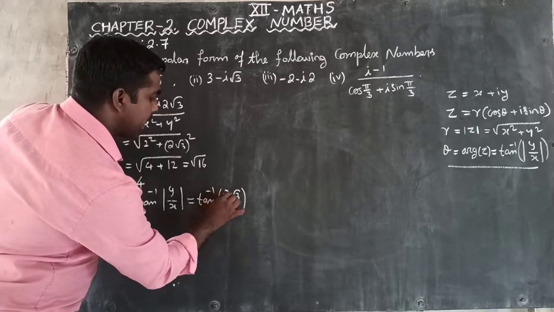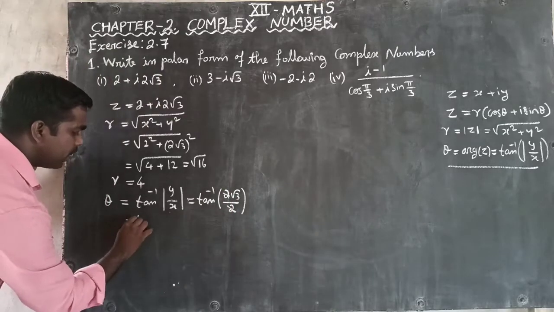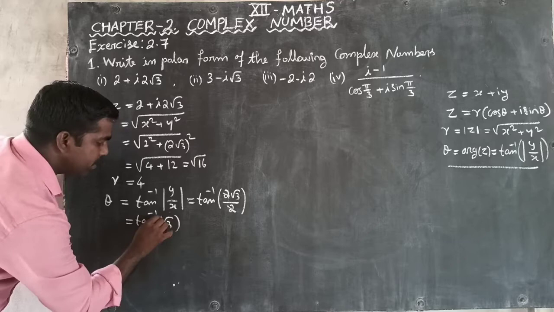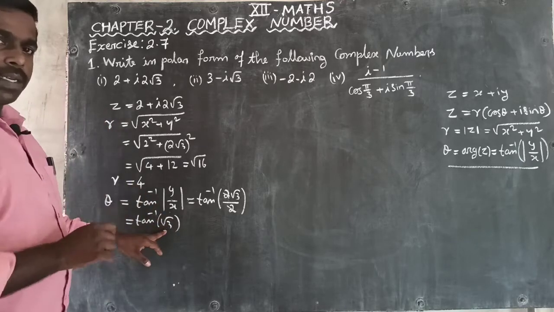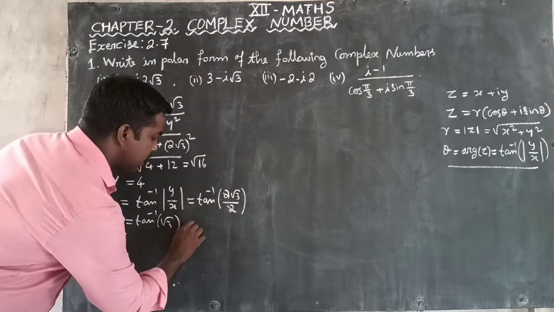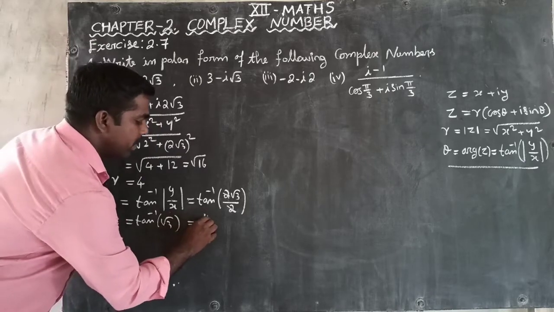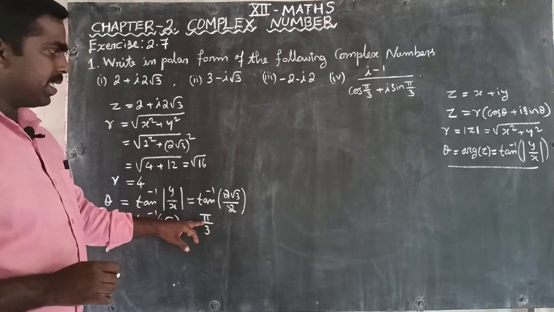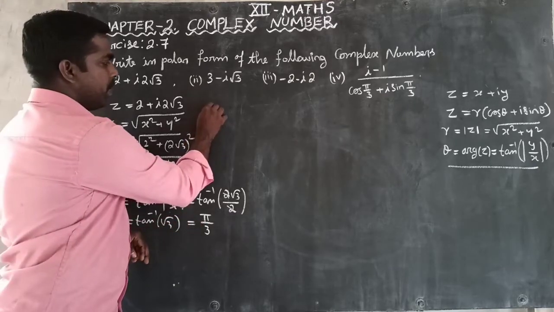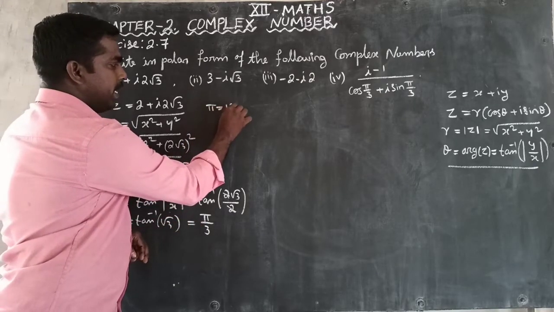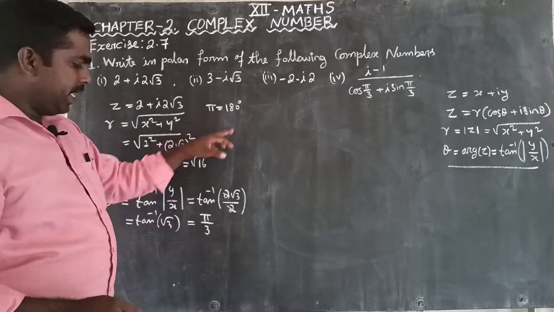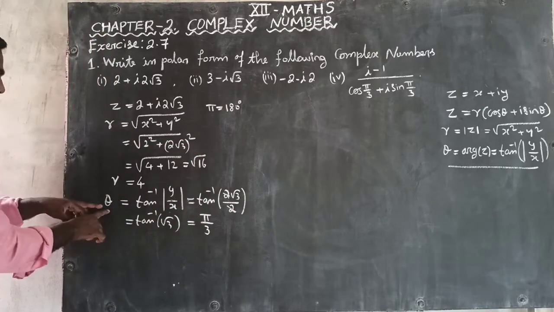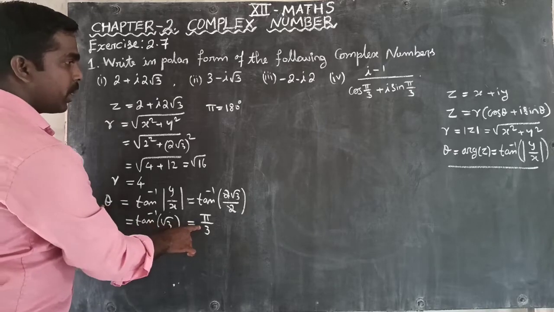So here we can cancel 2. Then we will get tan inverse of root 3. Tan inverse of root 3 is 60 degree. We can write pi by 3. Pi is 180 degree. 180 divided by 3, we get 60. So the argument theta is nothing but pi by 3.